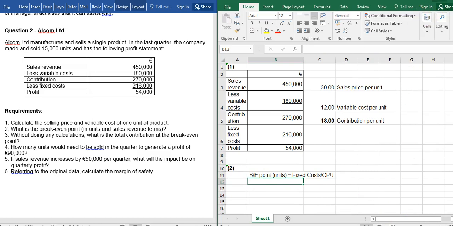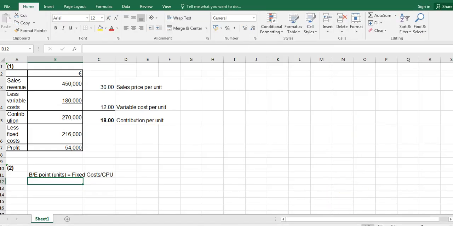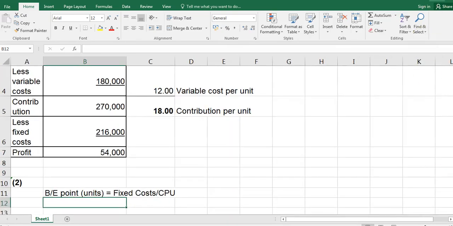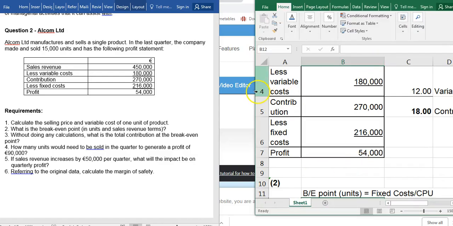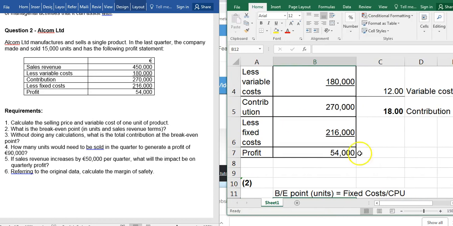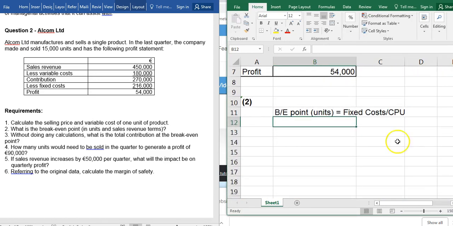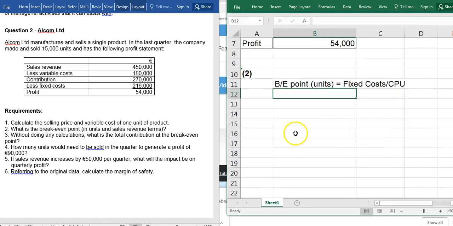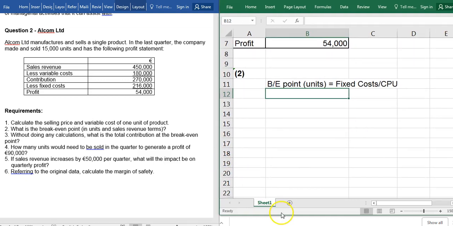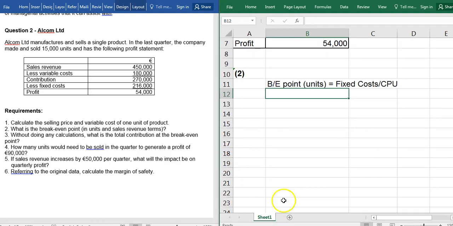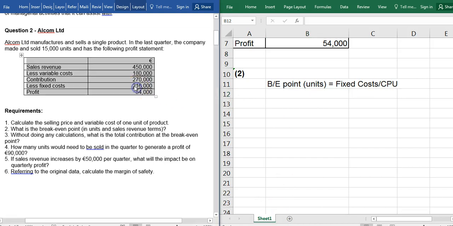Let's bring this up a bit bigger. So your fixed cost divided by your CPU. If we want to get the break-even point, how many units do we need to sell just to break even? We know what our fixed costs are. They're 216,000. These aren't tracked by a unit. No matter what the number of units are, your fixed costs are going to stay the same.